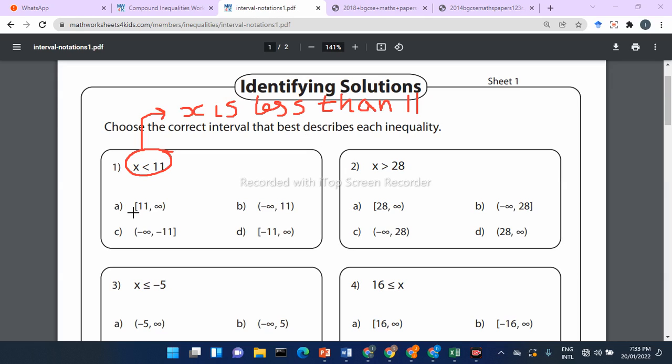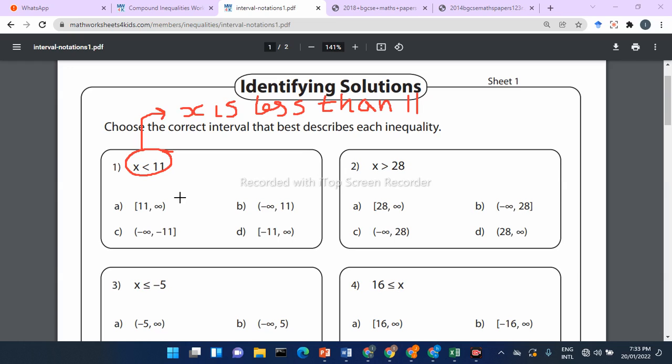And they're asking which interval notation will correspond with this. Is it going to be A? Is it going to be B? Is it going to be C, or is it going to be D? So which one is it? Let's begin by considering A, and see if A matches what this is saying.